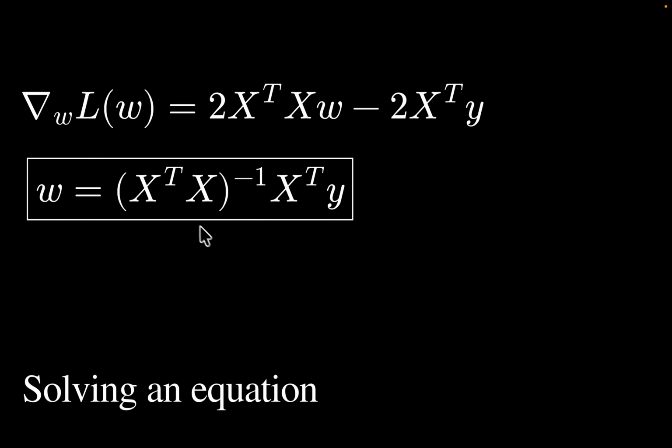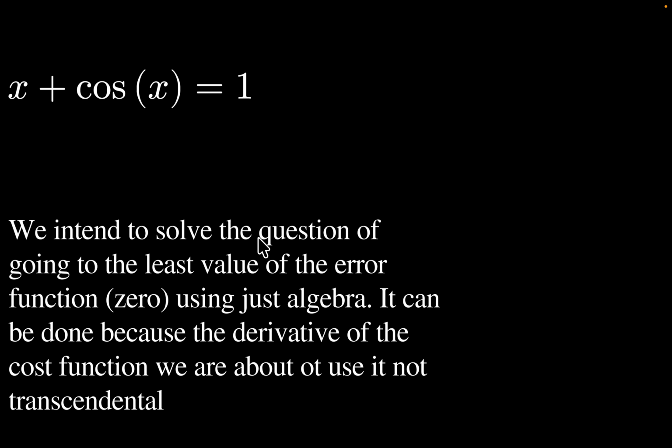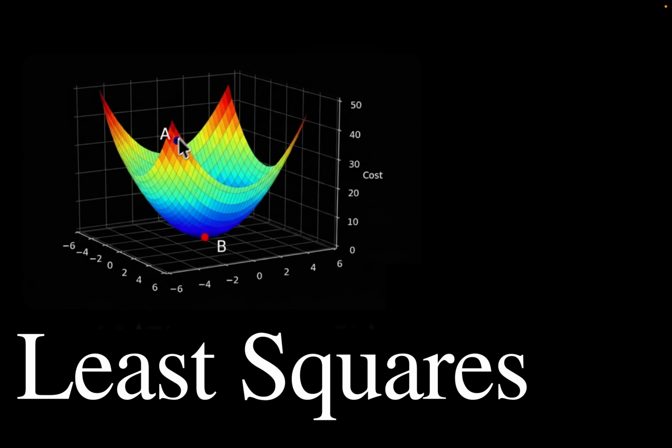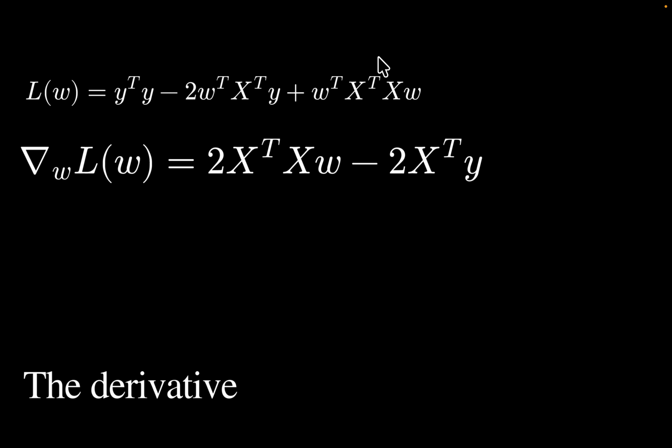So that's the least squares method, and with these w parameters we can go from point A straight to point B. By finding w, we can just do that.